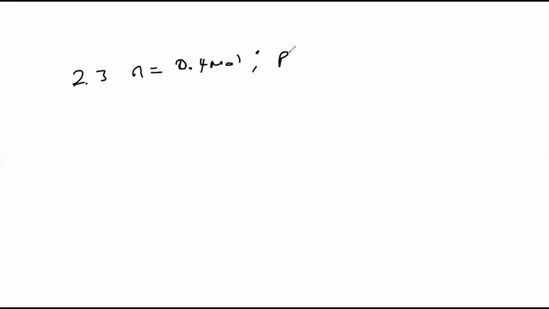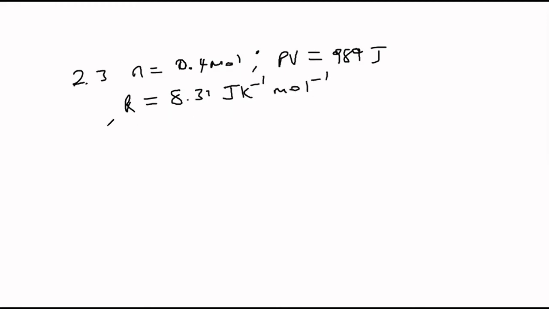What else is given in the graph? We're given PV, which is 989 joules. So we know R is the constant, which is 8.31 joules per Kelvin per mole. Then we have PV equal to nRT.